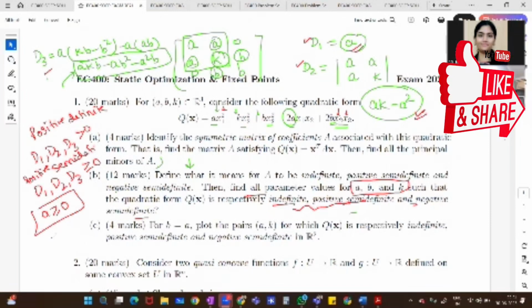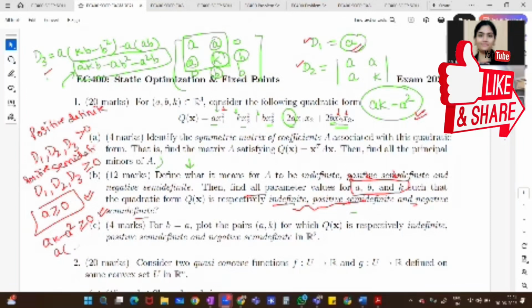Then my D2, that is AK minus A square, must be greater than or equal to 0. I have got my A value from the first one, so I need to get the K value for this one, because I need to find out all these three values. So let's find out K from here.